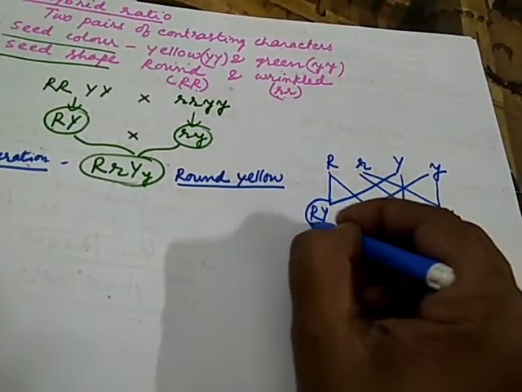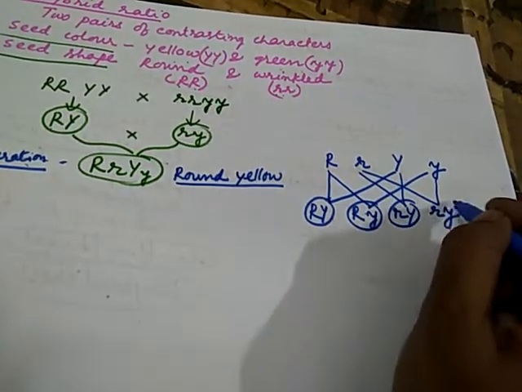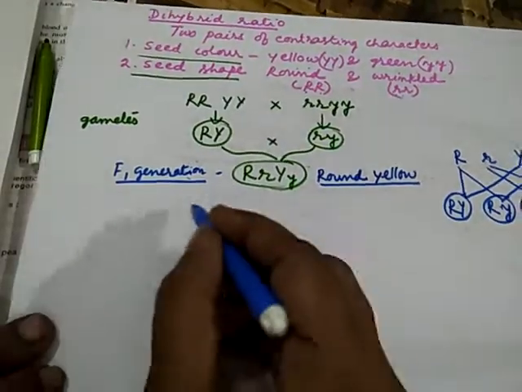These four are the gametes forming for the second generation.